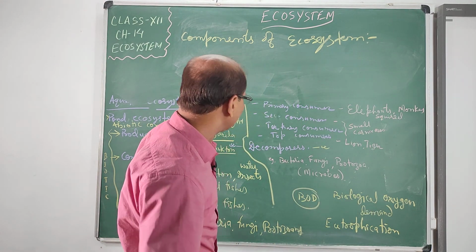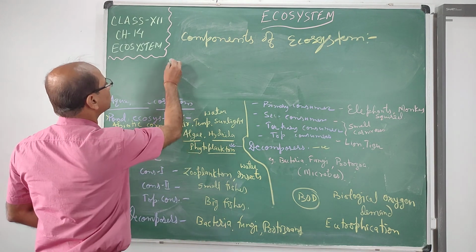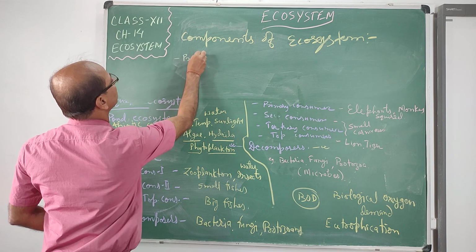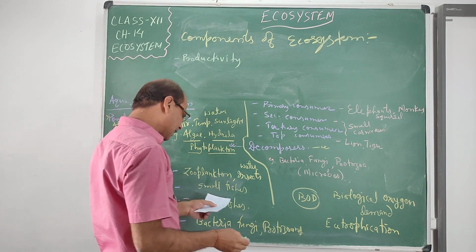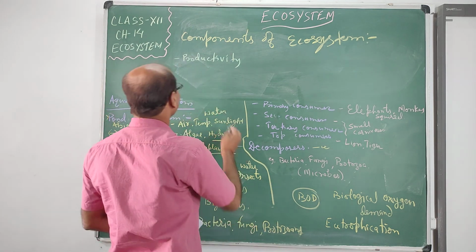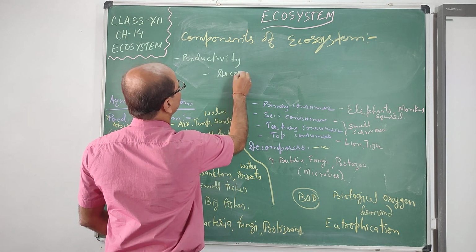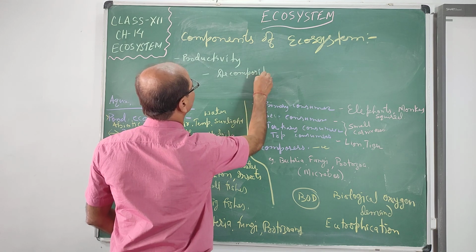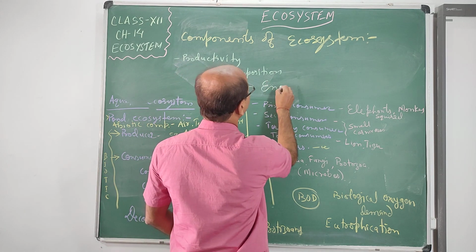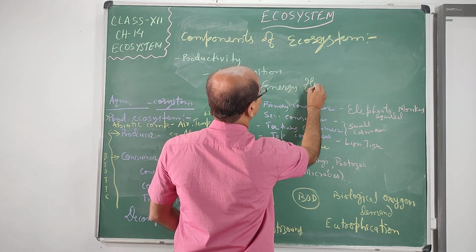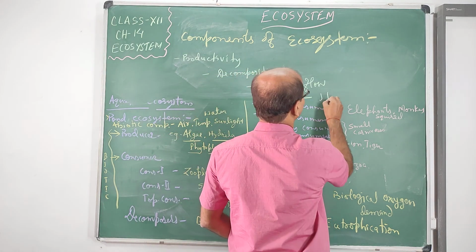The first one is productivity. It may be either primary or secondary. Second one is decomposition. Third one is energy flow in the ecosystem. And the fourth one is nutrient cycling.